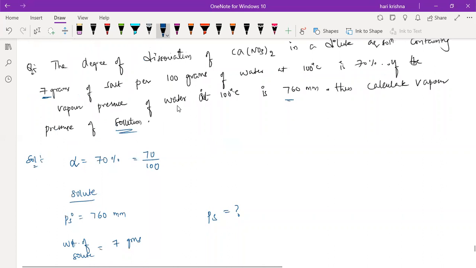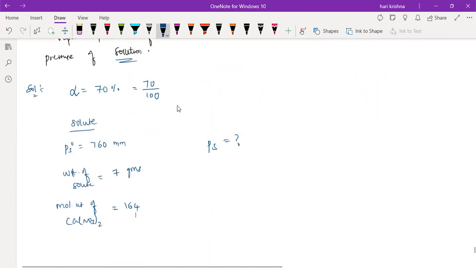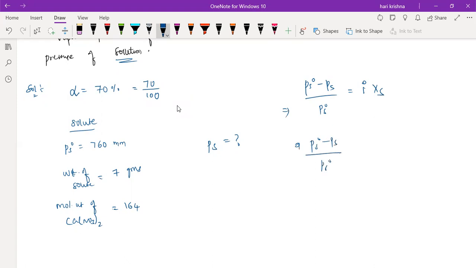We know water. So first, which formula you have to use? (Ps naught minus Ps) by Ps naught equal to i into Xs, right? That means (Ps naught minus Ps) by Ps naught equal to i into, you have to use Na by Na plus Nb.